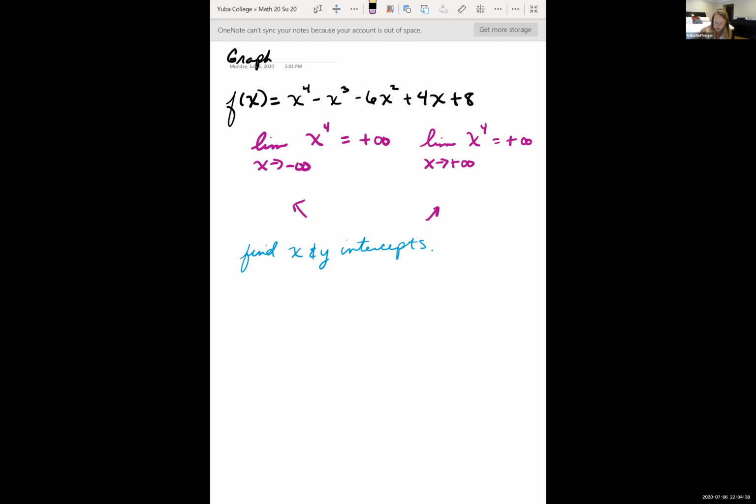For polynomials, the easiest is always going to be the y-intercept, and that's when x is 0. So if we look at f of 0, you're just going to get back your constant. And so when x is 0, we get our y value is 8.